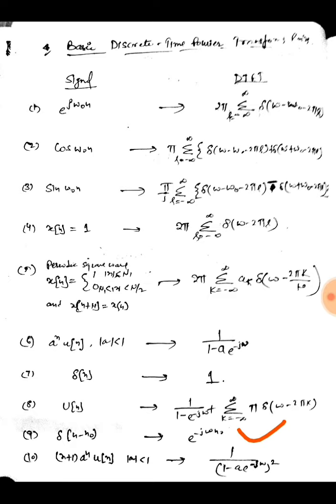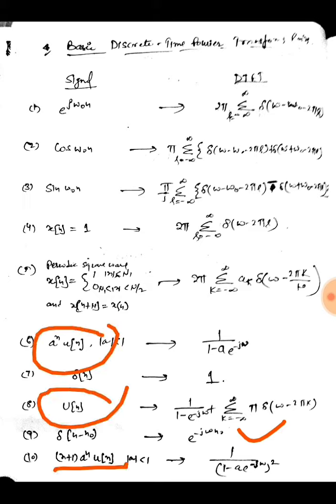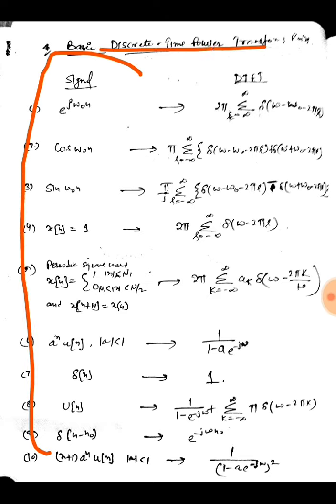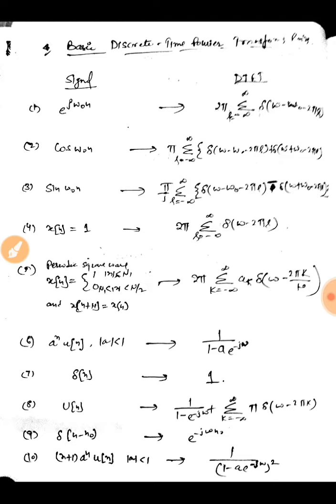Now if I take (n plus 1) a^n u[n], then it will become the square of the denominator, that is, 1 upon (1 minus a e raised to power minus j omega) whole square. So you need to go through all these basic Fourier transforms in order to calculate other transforms. Okay, so this is for this lecture.